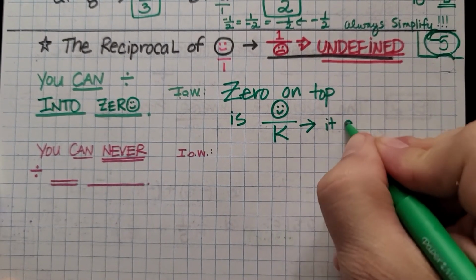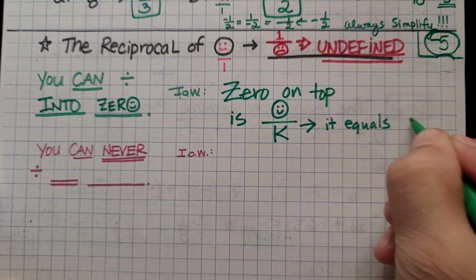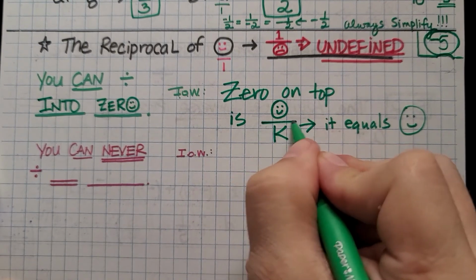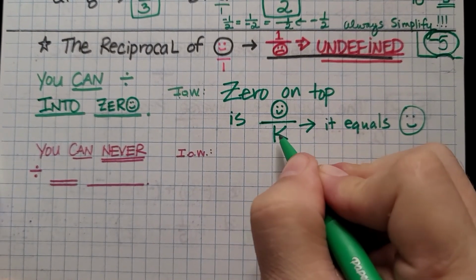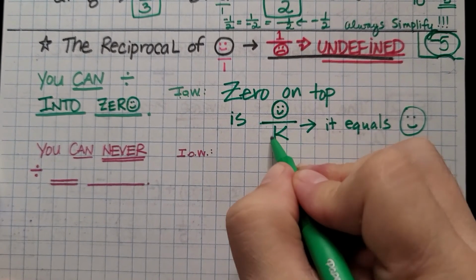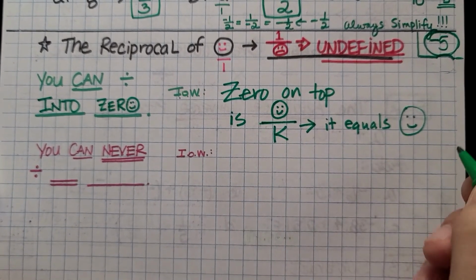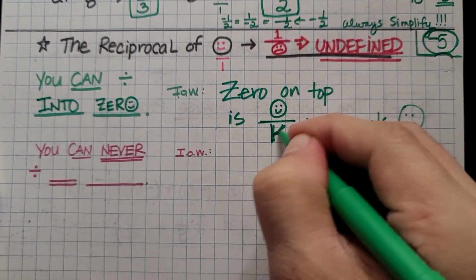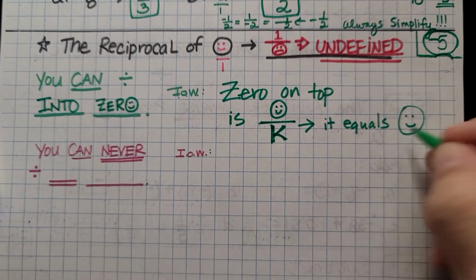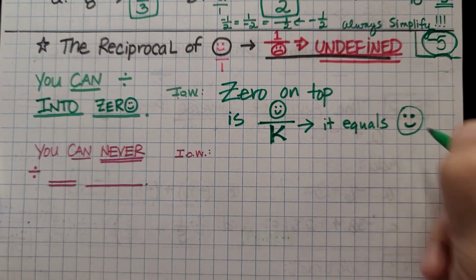It equals 0. 0 divided by any non-zero number, as long as you're not dividing by 0, is going to be okay. You can divide into 0 all day long, and the quotient, the answer, will always be 0.